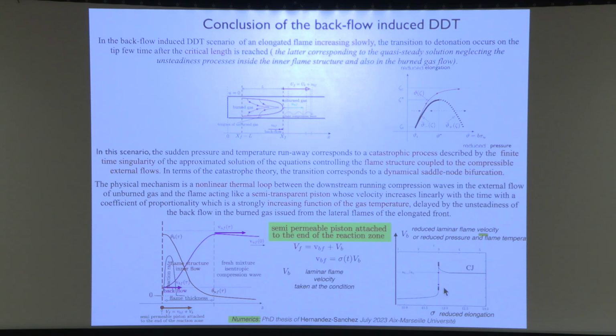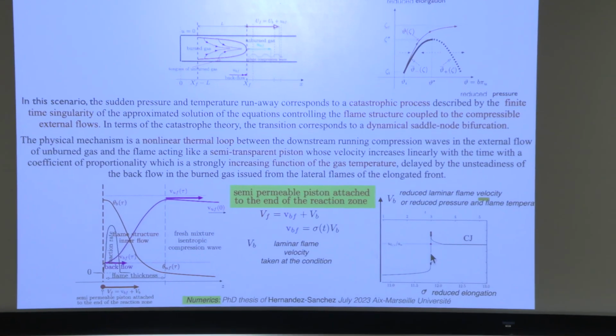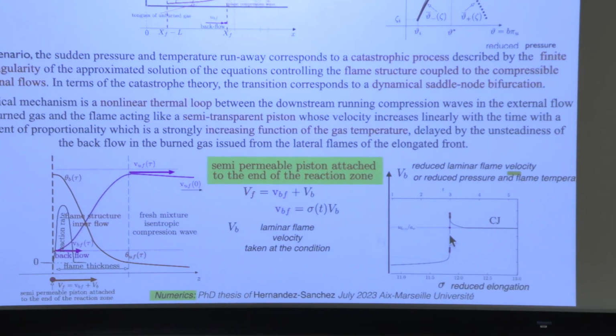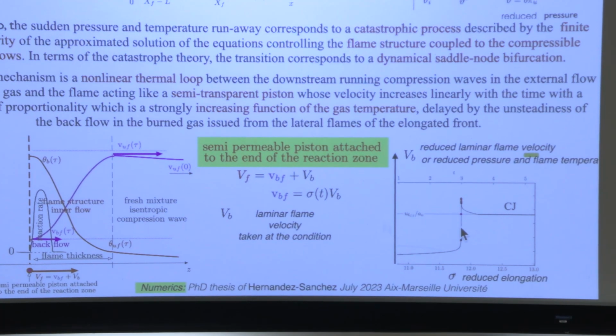What is important to say is that up to this point, for example here, there is nothing that is introduced artificially to resolve shocks. So what is very important is that the basic equation shows clearly that there is a runaway of the pressure.